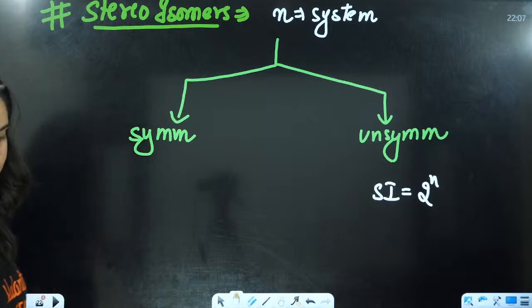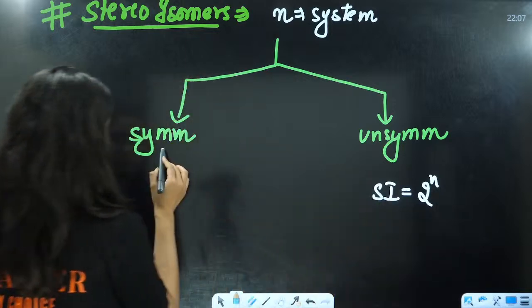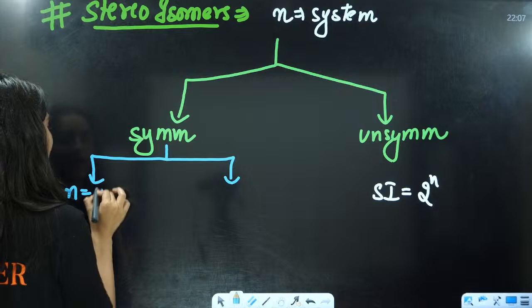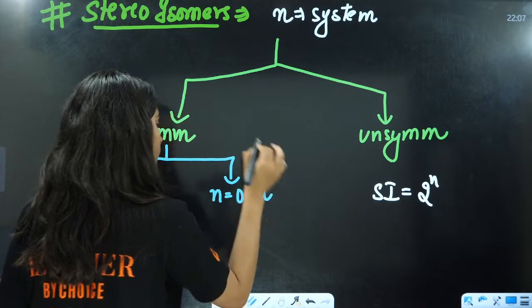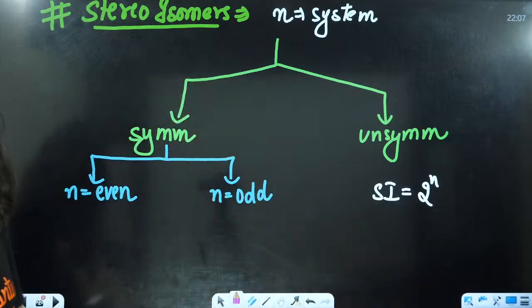Now for symmetrical, the n can be even or odd, right?